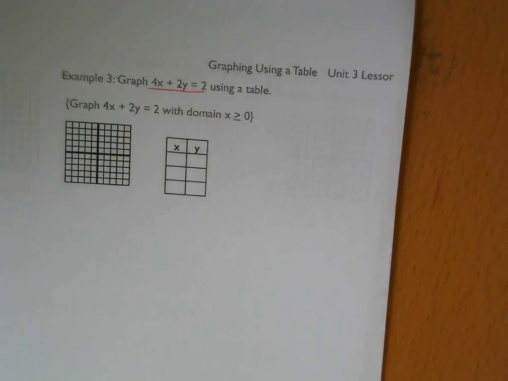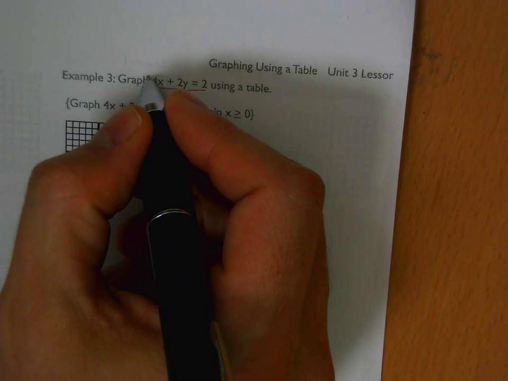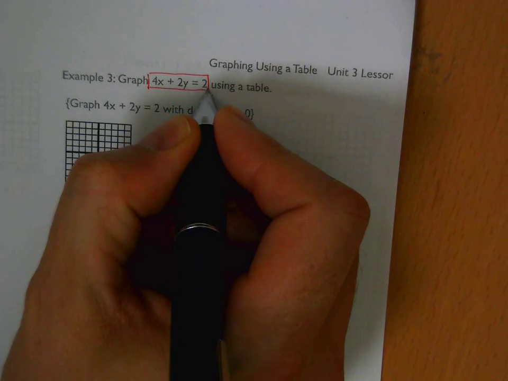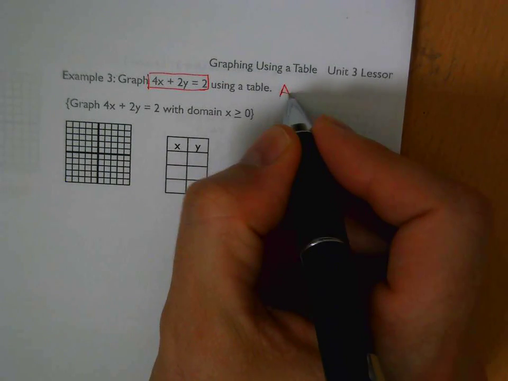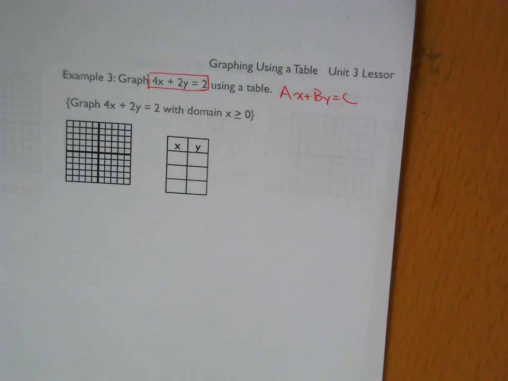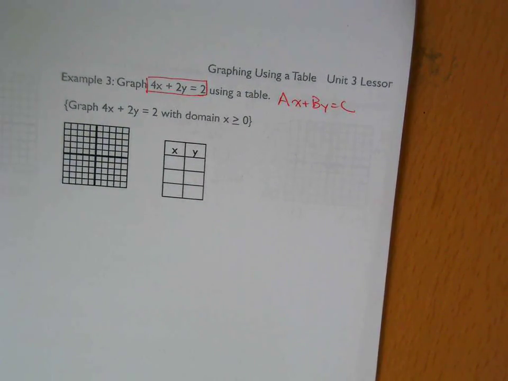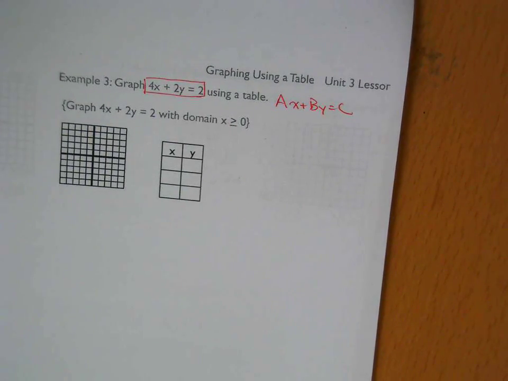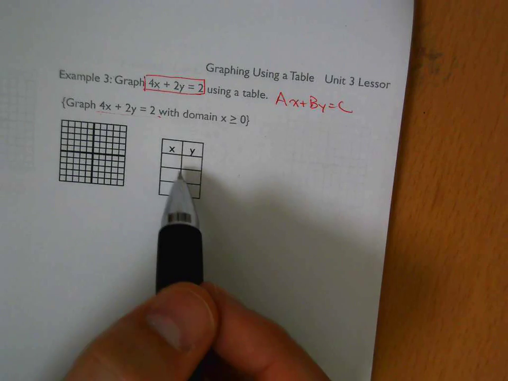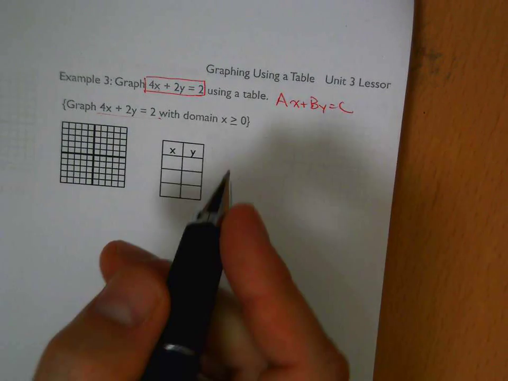Okay, let's move on to some of our more traditional ones. As I mentioned earlier, this is what's known as standard form: ax plus by equals c is called standard form. We're going to talk more about that in lesson 3. We are going to graph this using a table. We'll learn how to do it without a table.